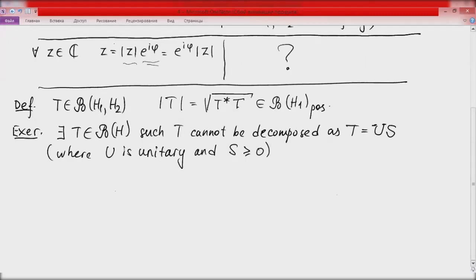So we have the following theorem, the theorem about polar decompositions.